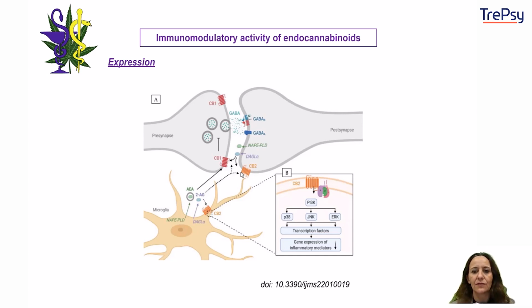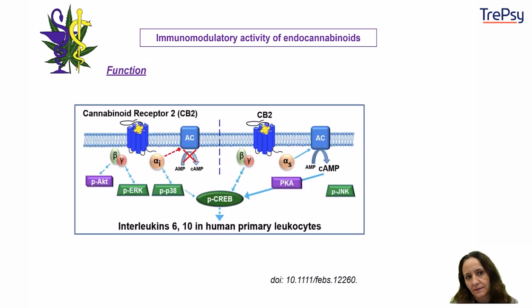So in this image, for example, in B, we can observe the intracellular pathways activated by ligand binding to the receptor, such as this MAP kinase, AKT pathways that give rise to the reduction of gene expression of inflammatory mediators. This is a very important function of this CB2 receptor in immune system cells.